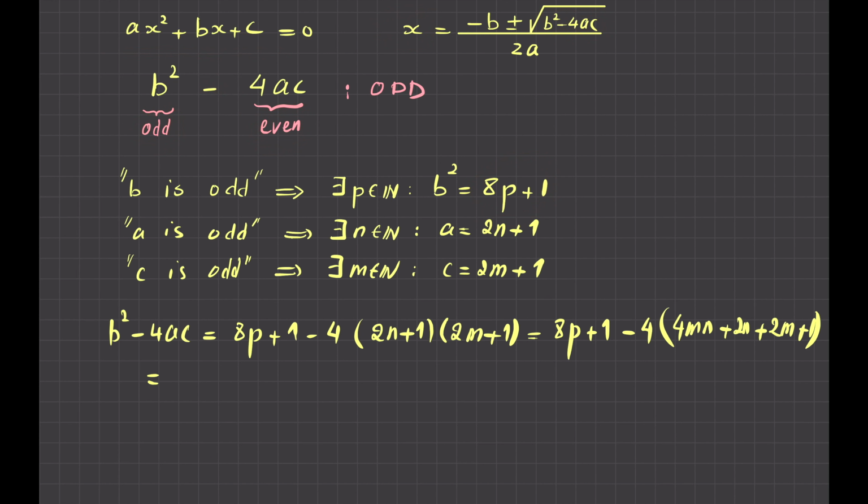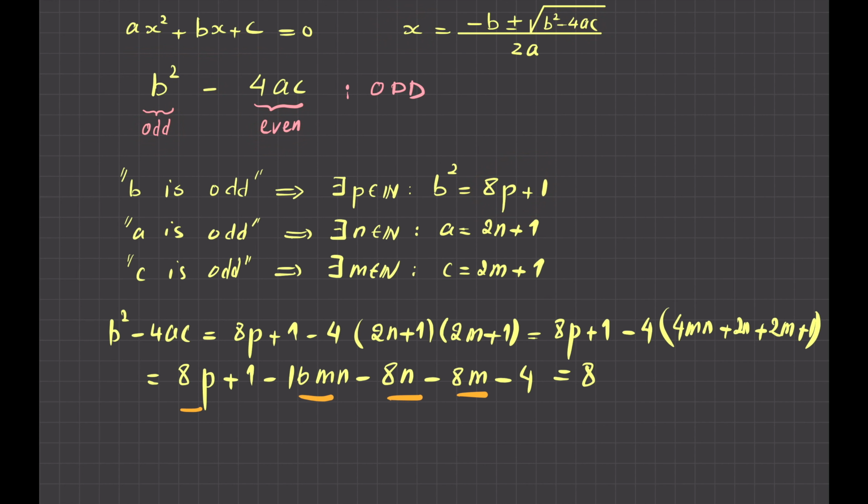Okay, so let me open it up. So it becomes 8p plus 1 minus 16mn minus 8n minus 8m, and finally minus 4. Now between this and that, I factor an 8 out.